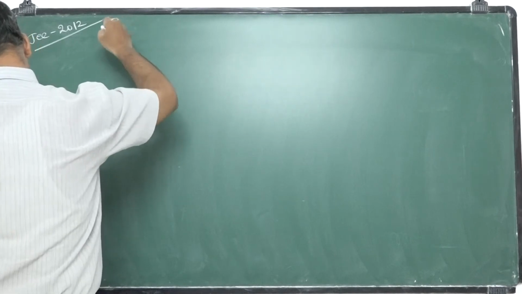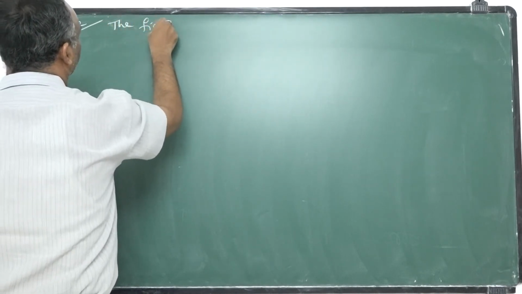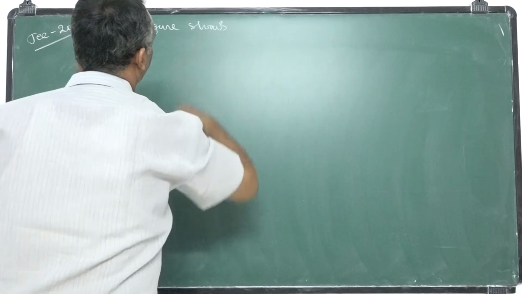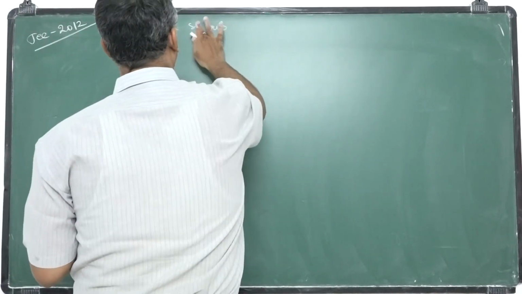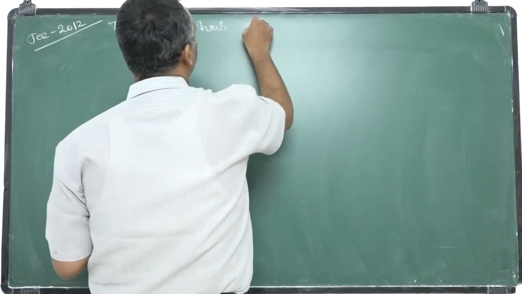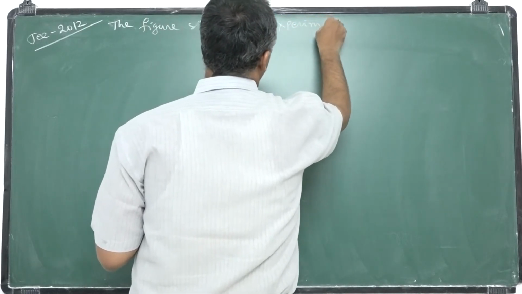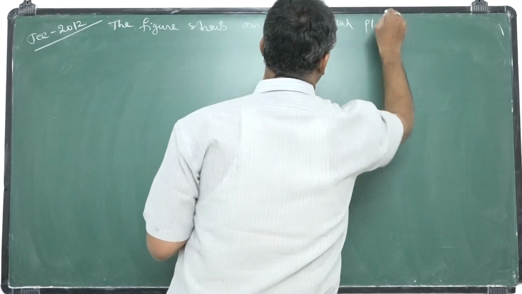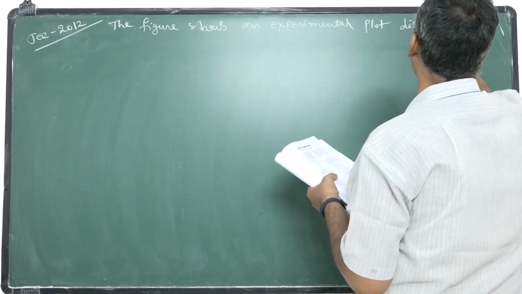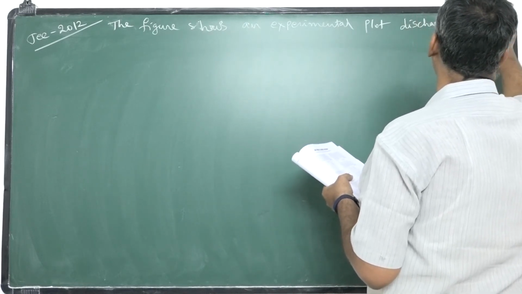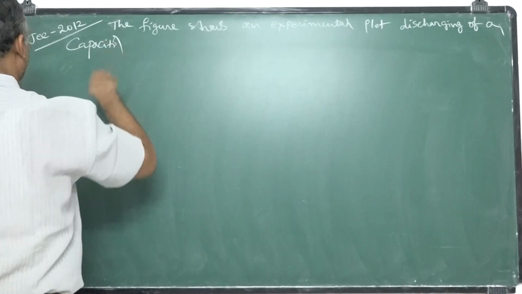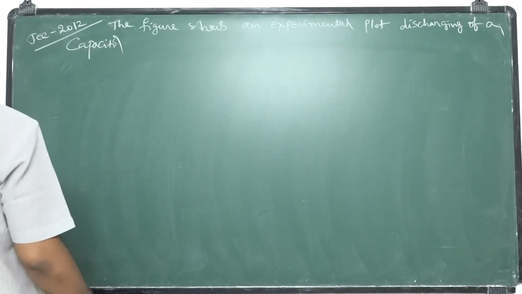The figure shows an experimental plot for discharging of a capacitor in an RC circuit.